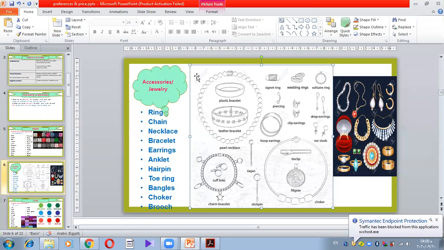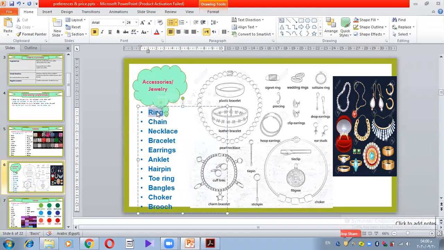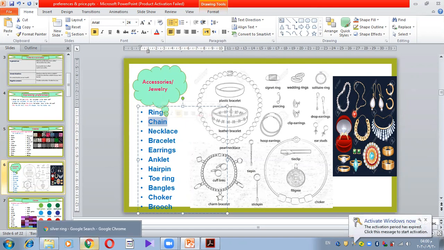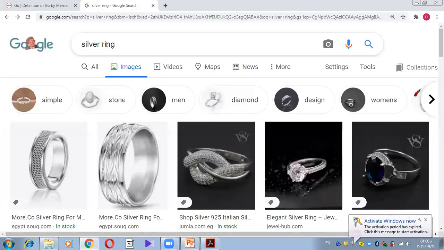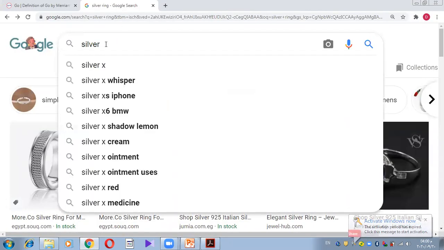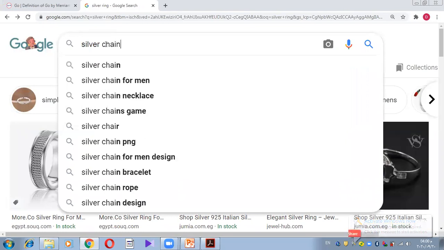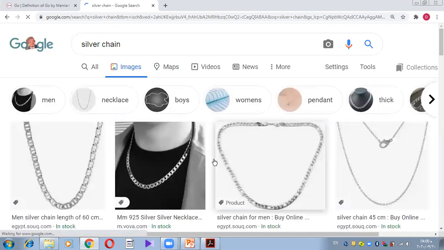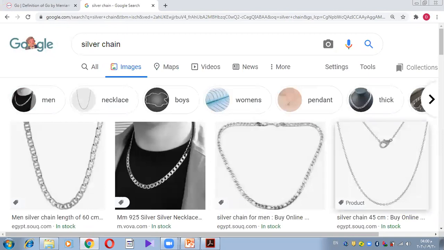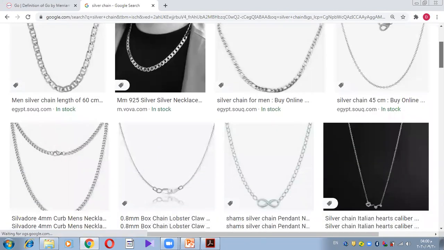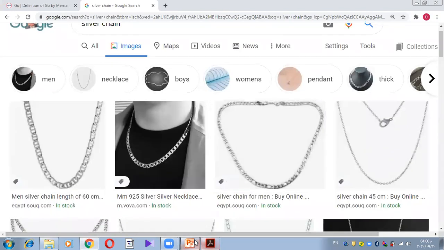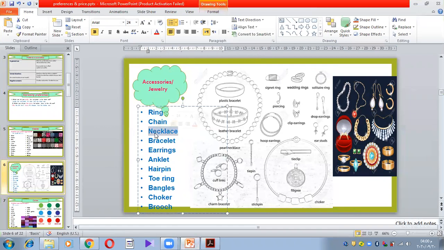Or it could be jewelries. So we have what? We can say ring. Okay, we know what's a ring now. Chain, that's the chain, guys. That's the chain, or any type of chains you can have, gold or silver. Then we have necklace.